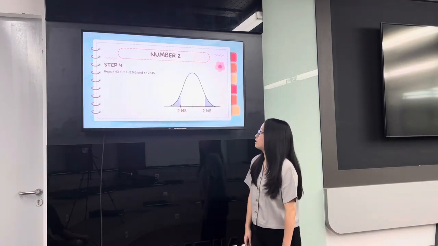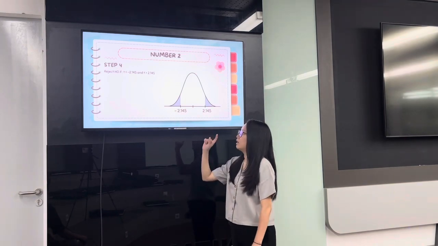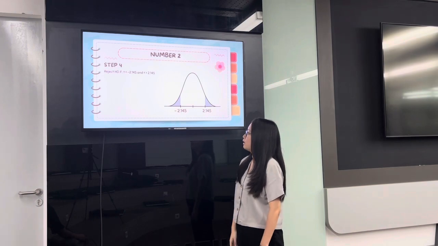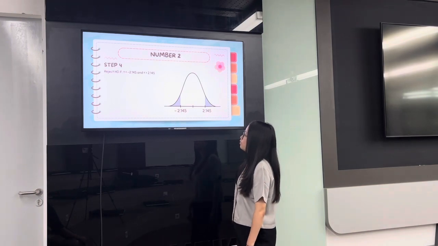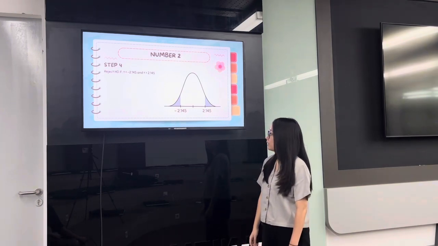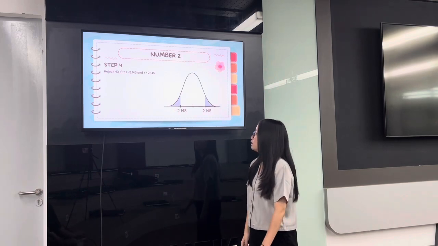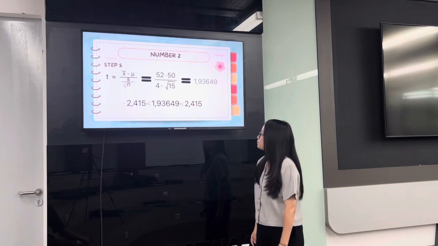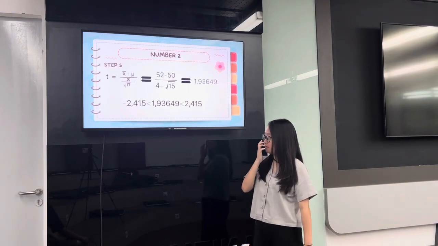And in step 4, we reject the null hypothesis if t is less than minus 2.145 or t is greater than 2.145.